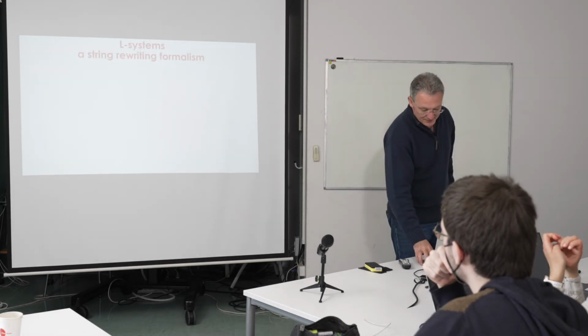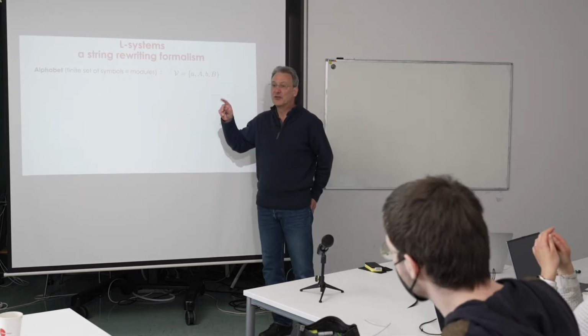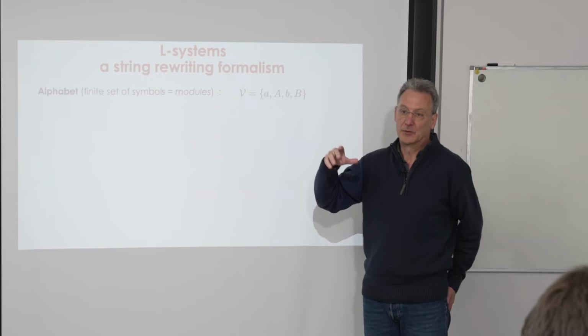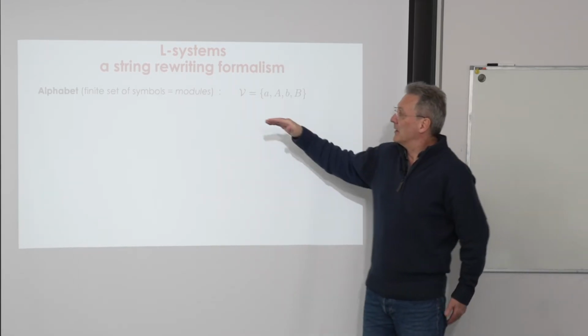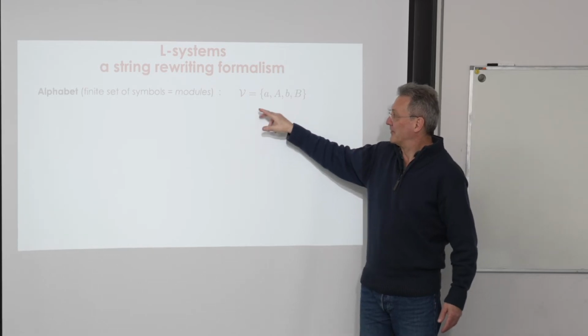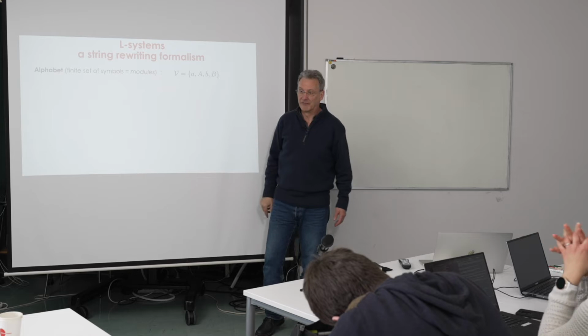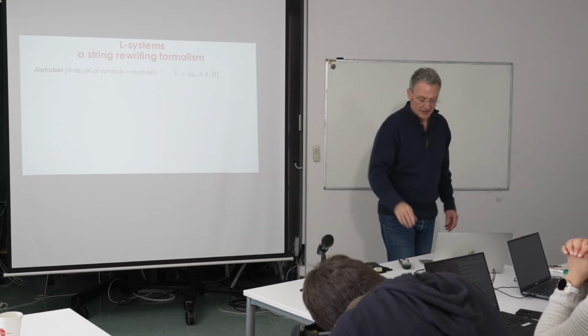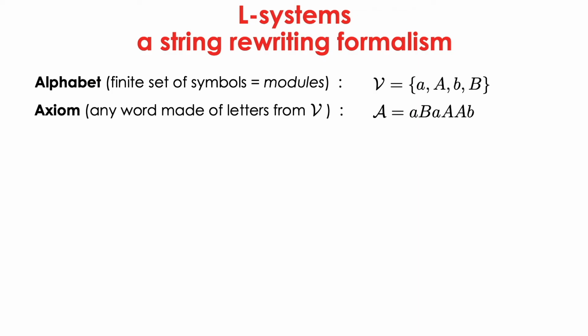So the L systems are exactly this. They are a string rewriting mechanism. It could be called a string evolution mechanism. In a formal manner, it is composed of a vocabulary, which is the set of elementary components: letters, modules, alphabet letters. The notion of axiom, that is the initial state from which I want to compute my system.